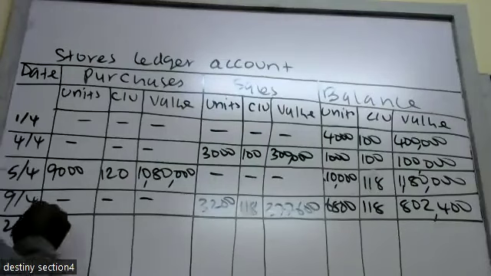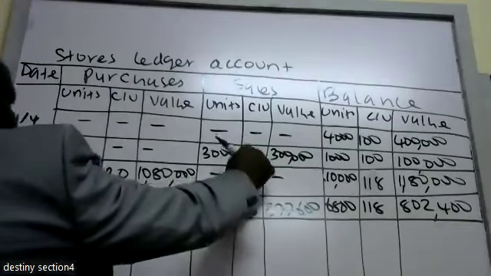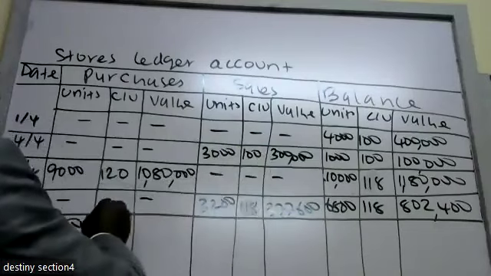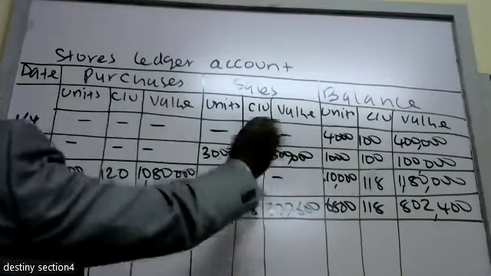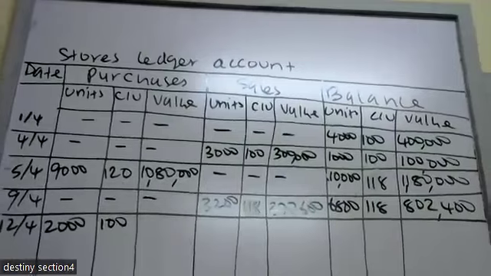There were 2,000 units, but they had been issued at a price of 1 million. We value them at the price at which they were issued before they were returned.